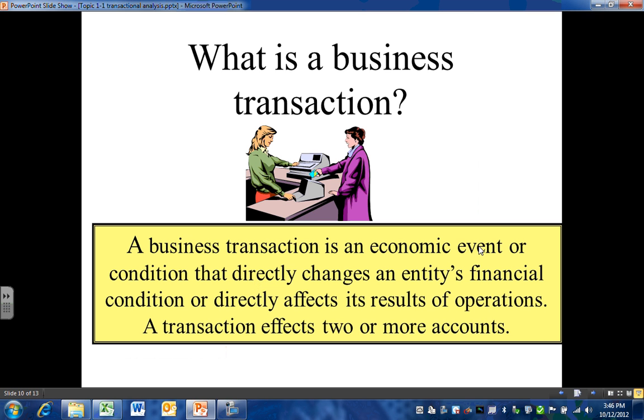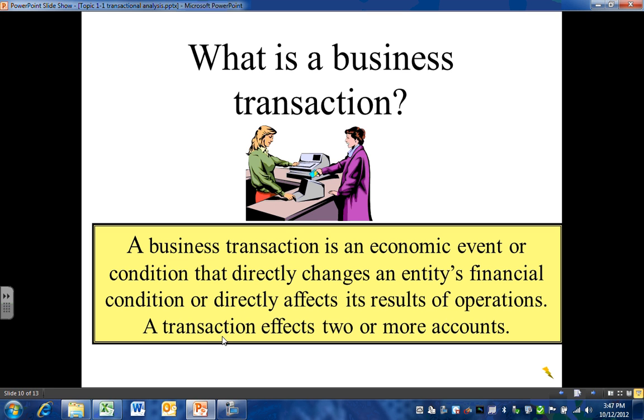All right, in transactional analysis, we'll need first to look at what is a business transaction. And a transaction, according to GAAP, is an economic event that impacts the financial condition or result of operation. In other words, the balance sheet or income statement. Again, to have an effect on these, it has to have an effect on the accounting equation.